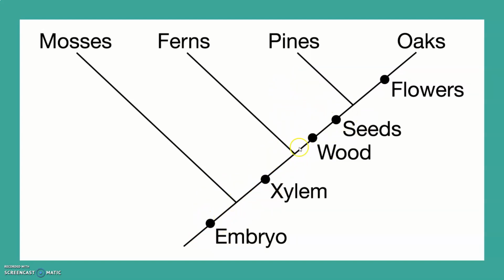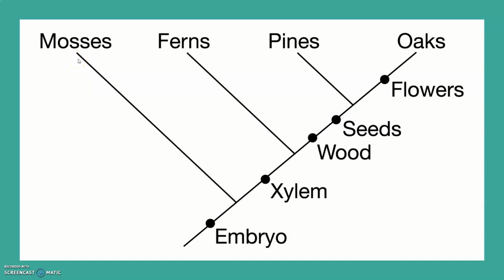Ferns don't have seeds. Pines have those, but they both have these two traits in common before them. And the other important thing to remember is the outgroup. It's the one that is least like the others, and it's shown as branching off this way.